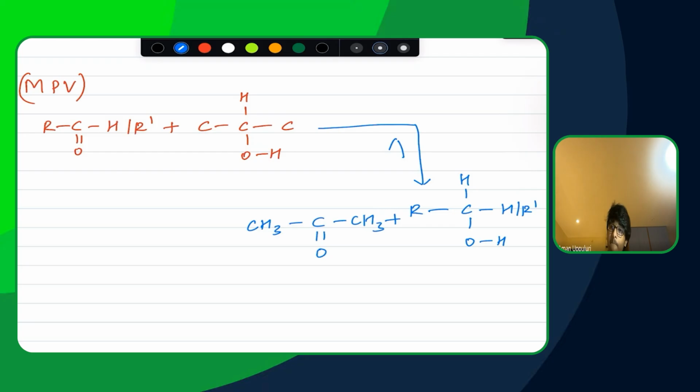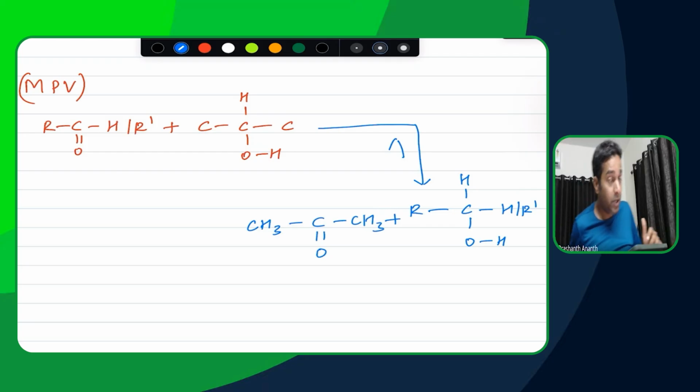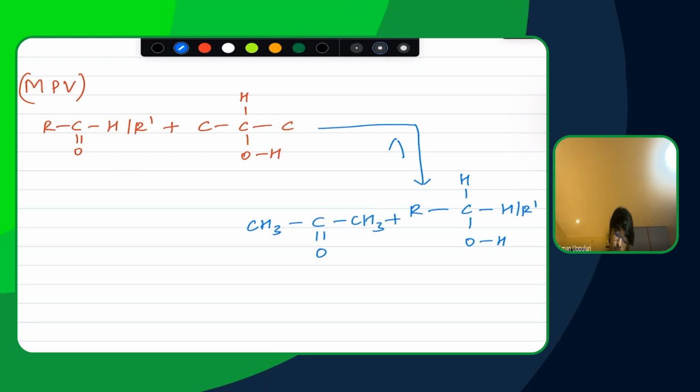Now, what is the reagent which you have used in the process here? Aluminum isopropoxide in isopropyl alcohol. Al(OCH(CH3)2)3.